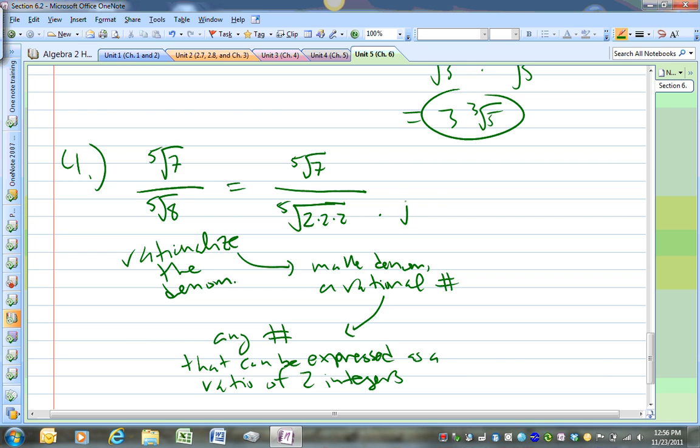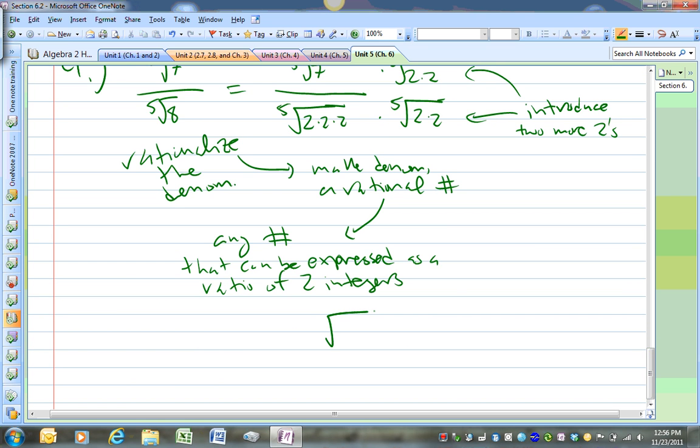So in order to do that, you want to introduce two more 2's, because right now we have three 2's with 8, but if you introduce two more 2's, then here's what you can have on the bottom.